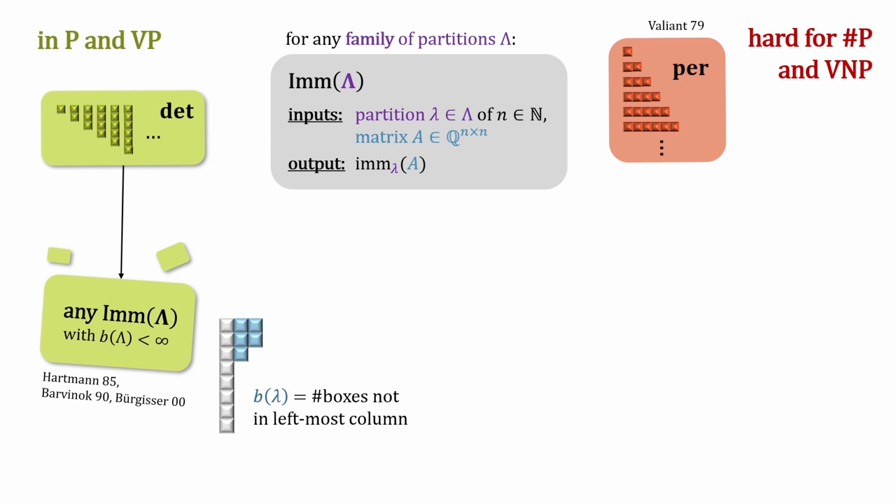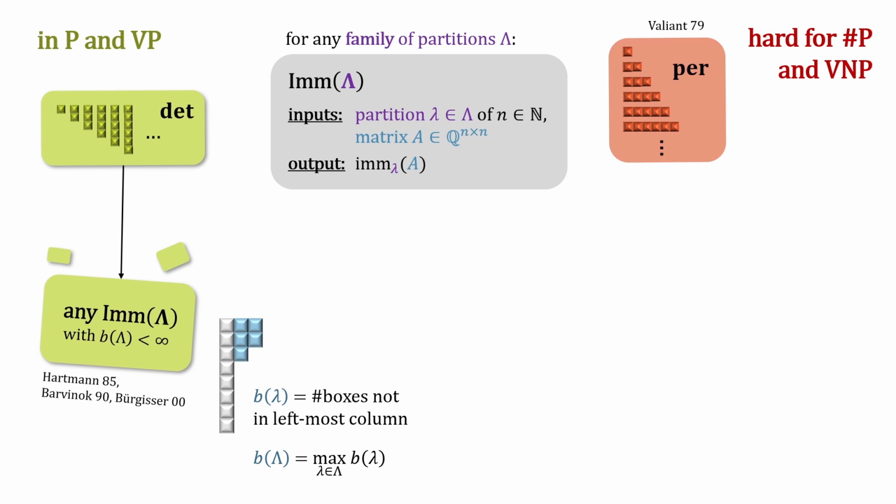In other words, imagine you're paying for the boxes in lambda, but the first column is for free. And given a family of partitions, you just define its b-value to be the maximum taken over all the partitions in the family. Note that the partitions that define determinants, these vertical lines, have b-value 0. So as long as you're close to such partitions, you still get a polynomial time immanent.